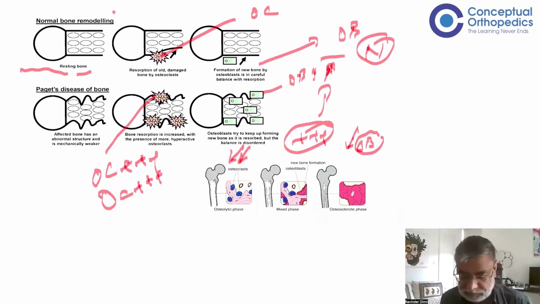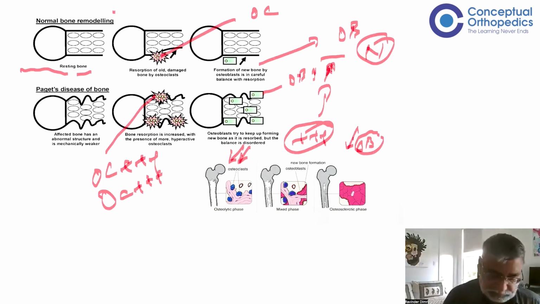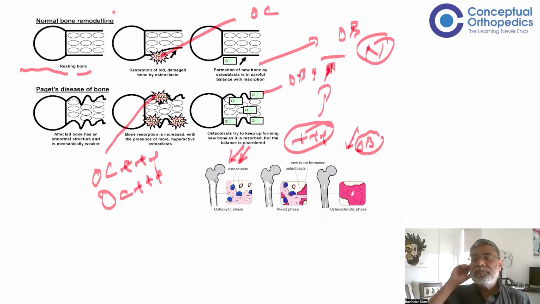Sometimes we have more osteoclastic activity, so there is more reabsorption of bone, seen in the initial osteoclastic phase. Sometimes we have more osteoblastic activity, and there is excess bone being laid down. That is also haphazard, and then there can be a mixed phase. That's how we go with Paget's disease pathophysiology.